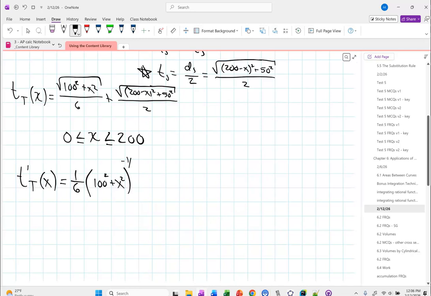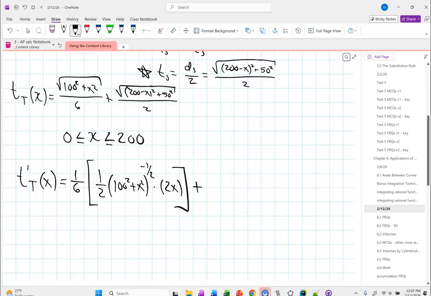Since it's a square root, I'd have 1/2 times the inside to the negative 1/2 times the derivative of the inside, which would be 0 plus 2x, or just 2x. Is everybody okay with what I've written here?